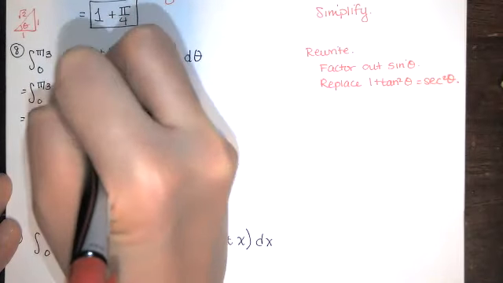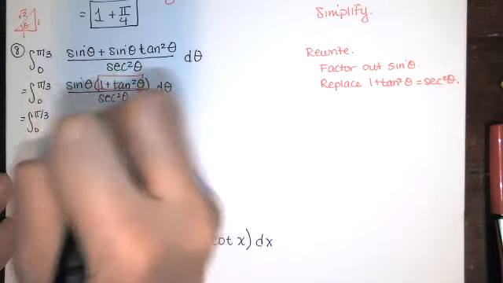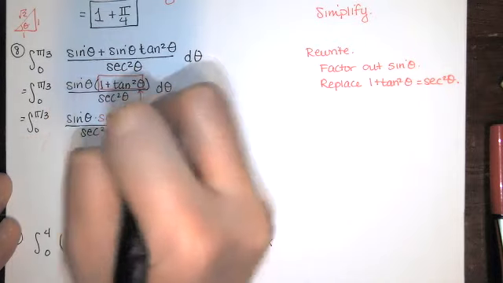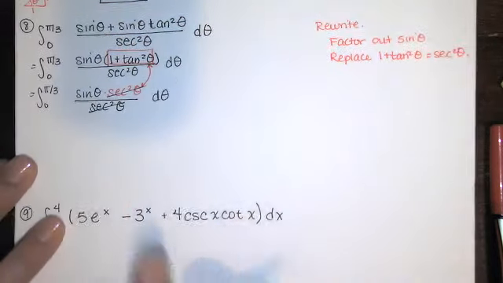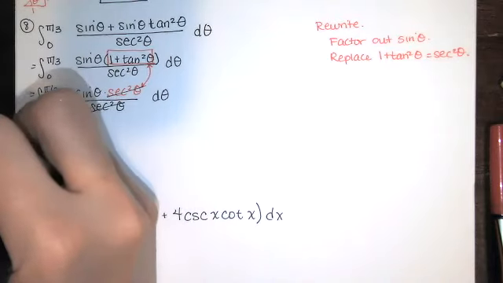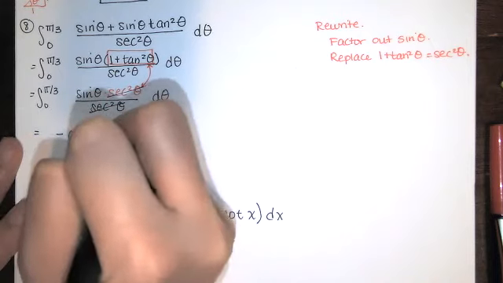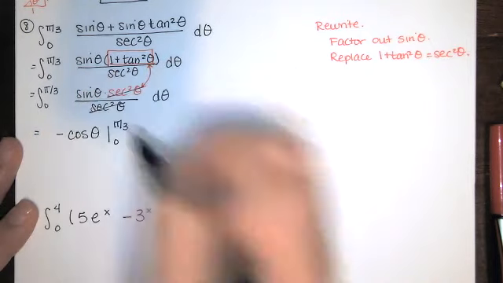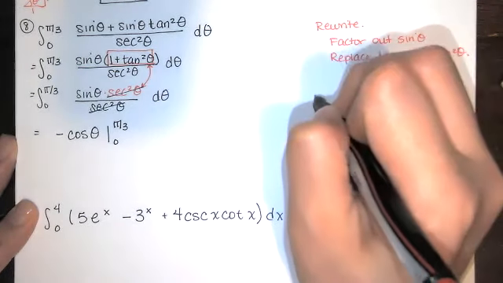So I'm replacing this with this. And the secant squareds reduce. Now I've got the antiderivative of sine. Antiderivative of sine is negative cosine. Evaluate at 0 and pi over 3 and subtract.